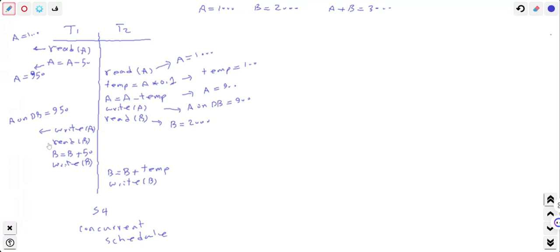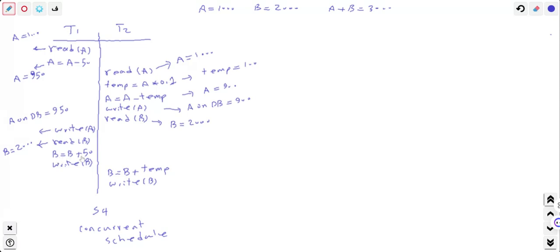Then T1 reads B. Which value does T1 read? The last value that B has. The value of B is 2000. So here what T1 reads is 2000.